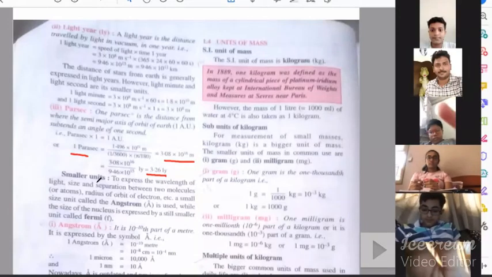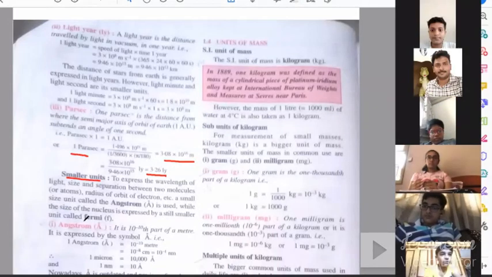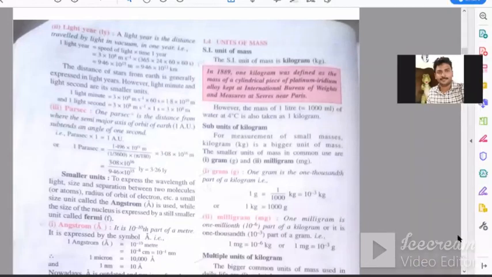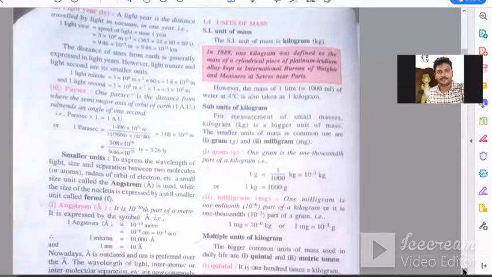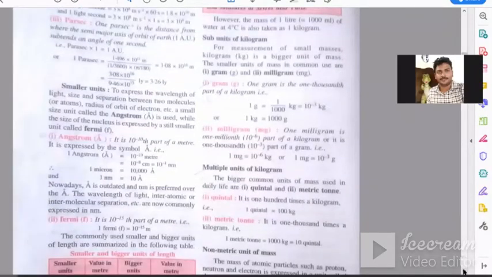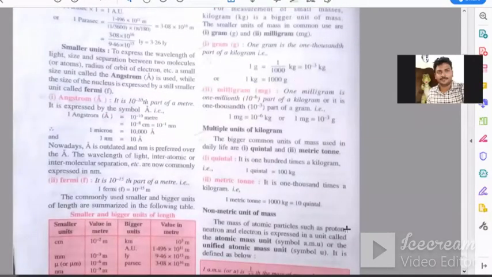Now next, they are talking about smaller units. If we talk about smaller units, then we are going to deal with the angstrom and the Fermi.